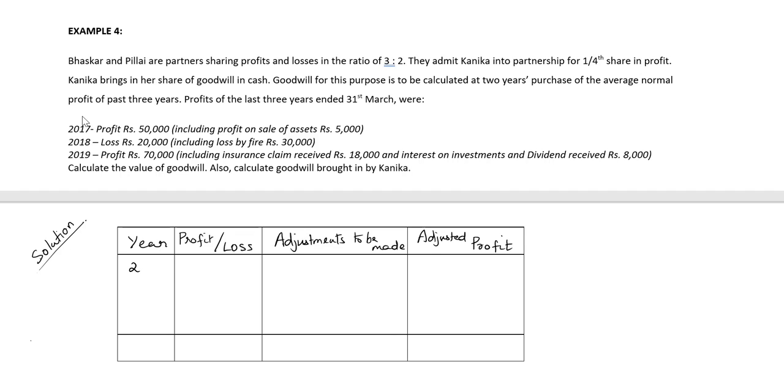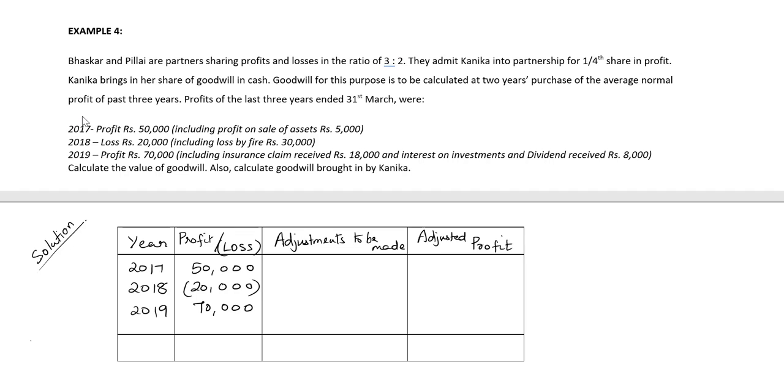We'll begin with 2017. There was a profit of rupees 50,000. In 2018, there was a loss of rupees 20,000. And in 2019, again there was a profit of rupees 70,000.